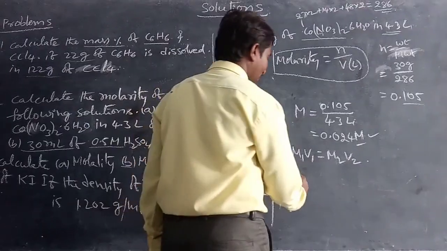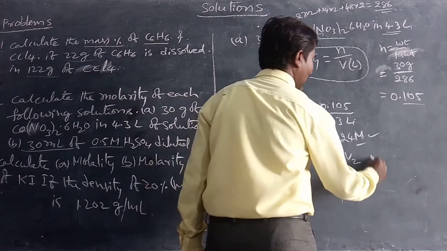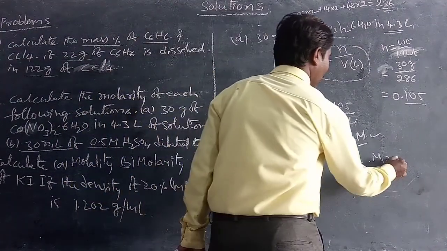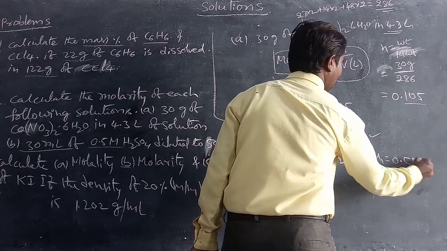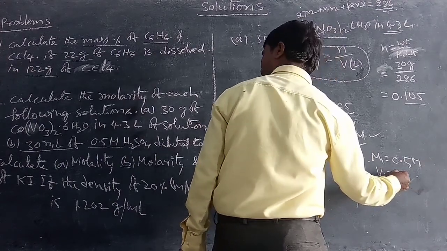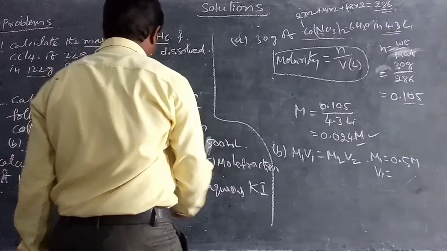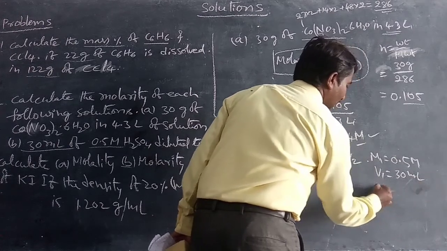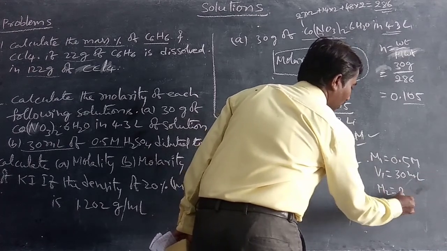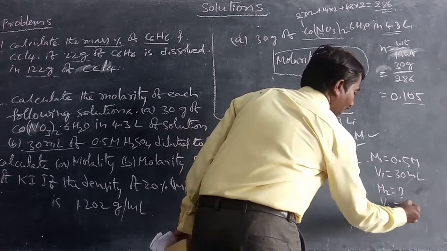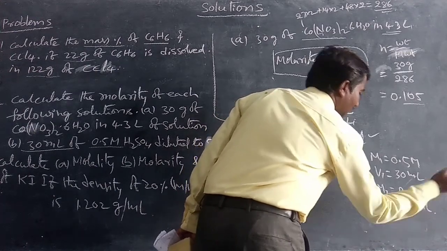Here M1 is 0.5 M, V1 is 30 ml, M2 we don't know and have to calculate, and V2 is 500 ml.